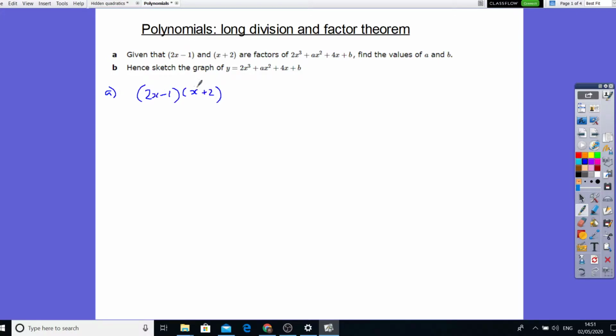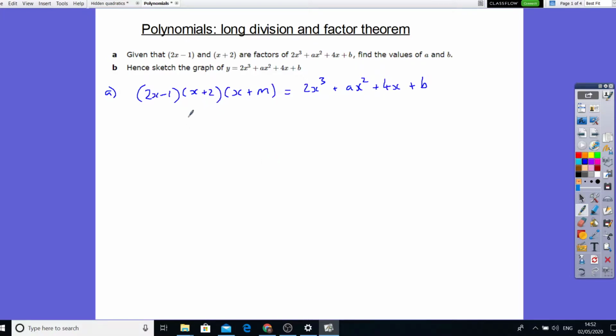So this will be okay for a quadratic, and to get a cubic, we get x plus, let's just call it m. Okay, so there's 1, 2, 3 factors, which when I expand it out and simplify, should equal 2x cubed plus ax squared plus 4x plus b, which we need to find out.